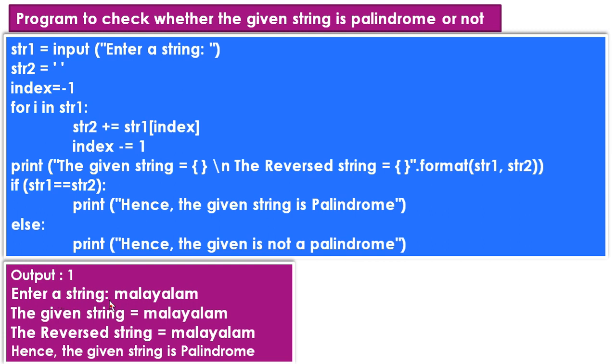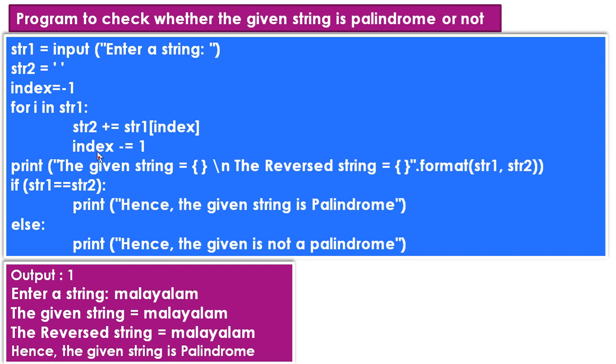Here the entered string is Malayalam. For the negative index, we start from the last character: this M is -1, A is -2, L is -3, and so on. So the starting value is -1.